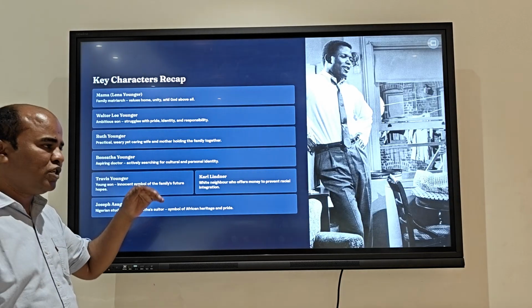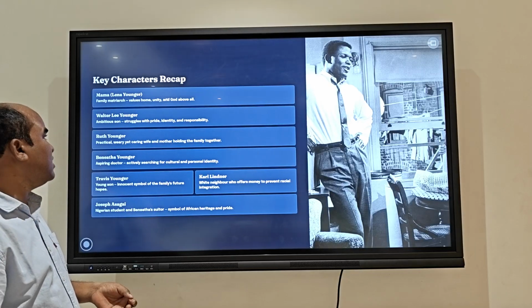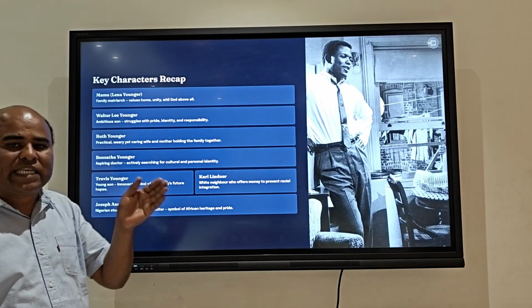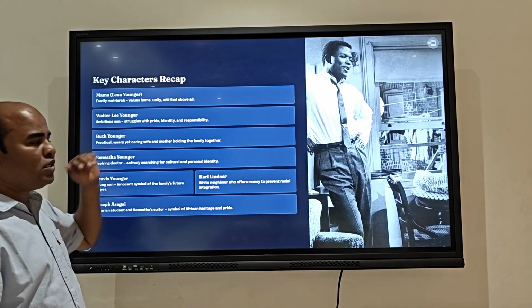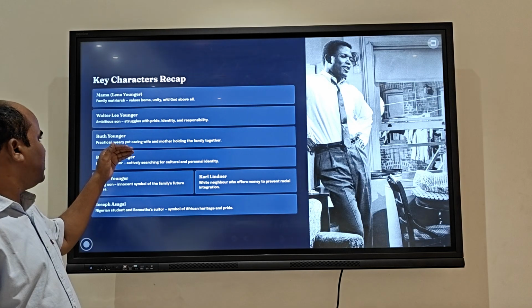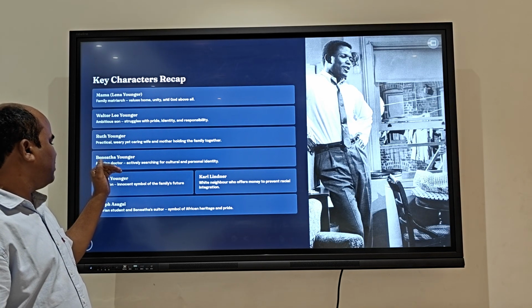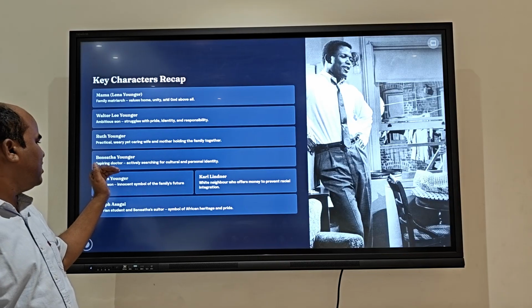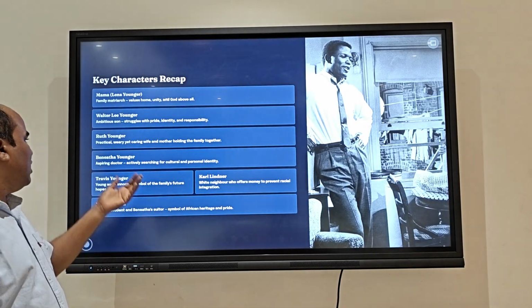The first generation is represented by the matriarch of the family, Mama Younger. She has a son and a daughter. The name of her son is Walter Younger, who is married to Ruth. And then Mama has a daughter, the name of that daughter is Beneatha Younger, an aspiring doctor, an activist.